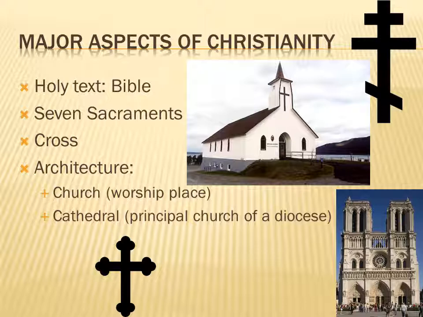The cross in the upper right-hand corner is typically associated with Orthodox Christianity, so you have some additional crosses across the main bar of the cross. And then you have to look kind of closely, but on the church, you can see a more traditional Protestant cross, which tends to be just two single bars crossing.